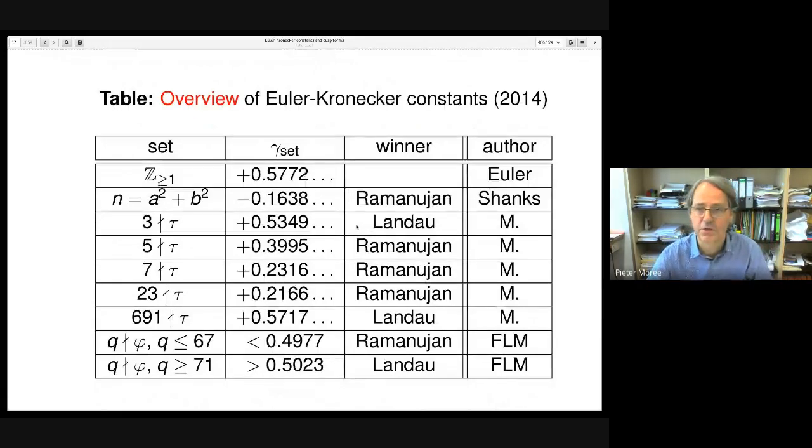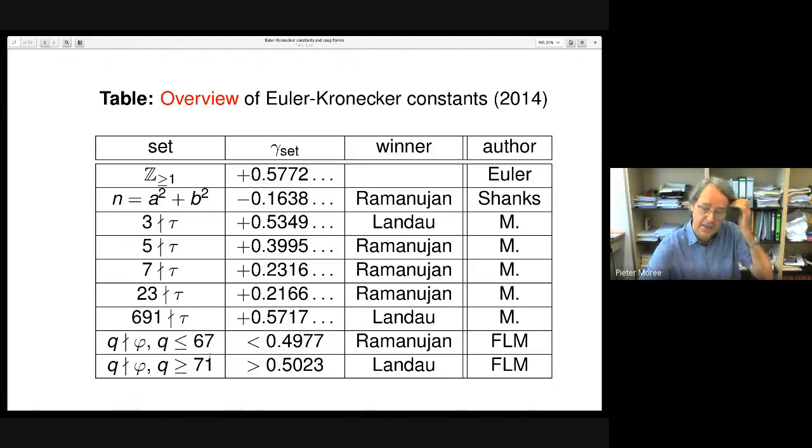And now let me state where we were in 2014. In 2014, of course, we have the sum of two squares, and Schenk disproved it for all the special primes for the tau function. I disproved it. Then in 2014, we also looked at the non-divisibility of the Euler totient function. The Euler totient function is a multiplicative function, so you can play the same game.